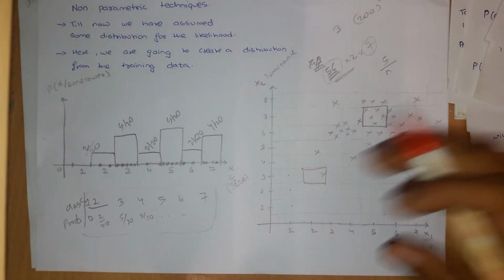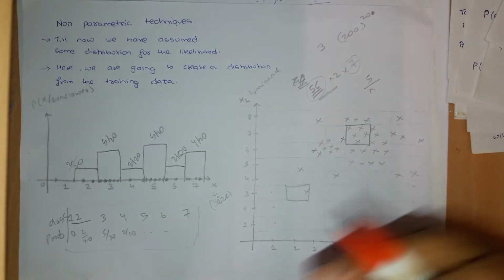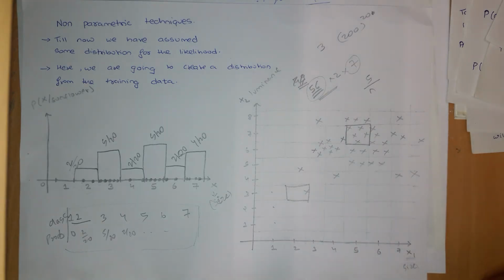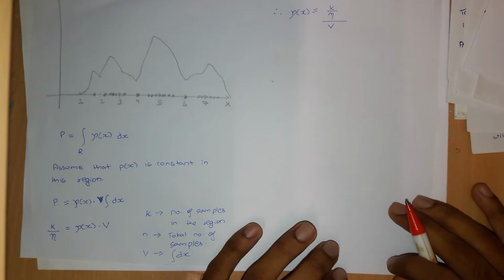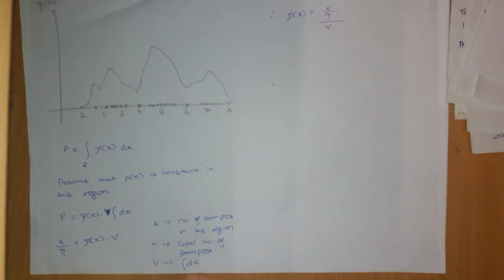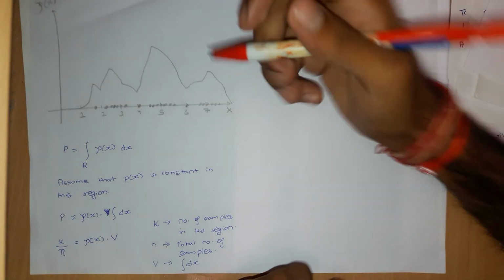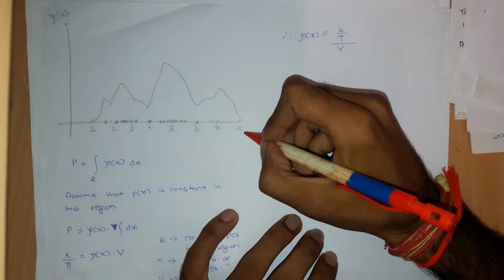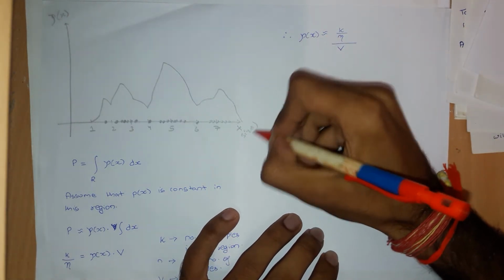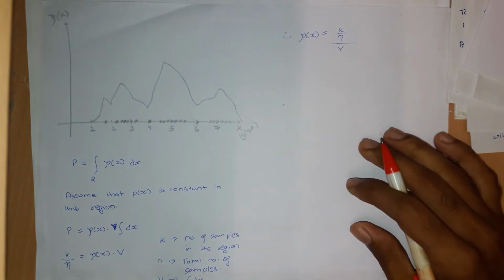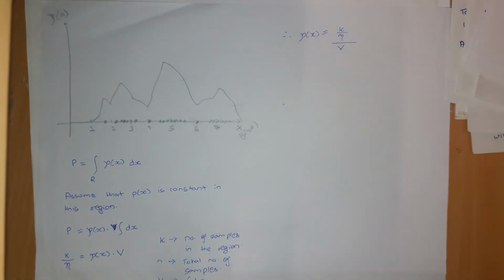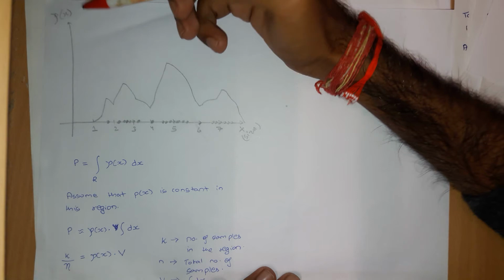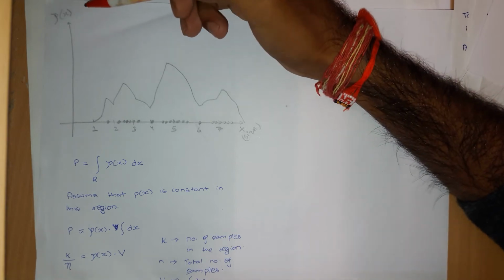So let us modify this histogram technique a bit so that we can do something useful out of it. Let us come back to 1D. I will also visualize this in 2D in my next lecture.